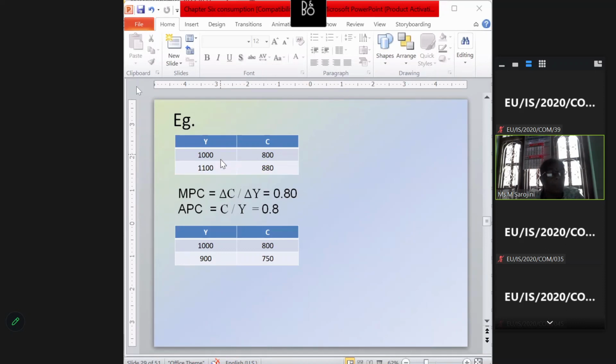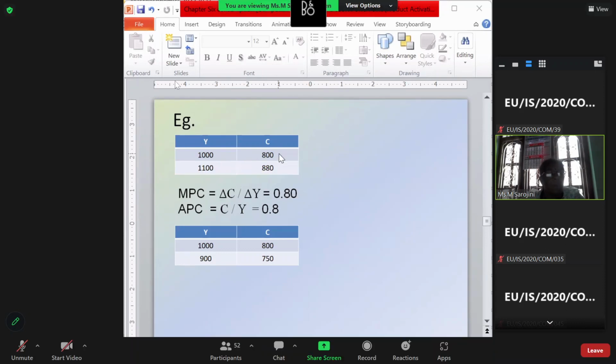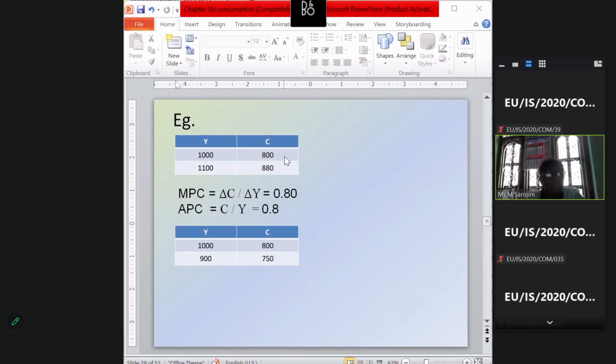Here income goes from 1,000 to 1,100 and consumption increases from 800 to 880. Here delta C is equal to 80 and delta Y is equal to 100. Once you divide delta C by delta Y, you get 0.80. Likewise APC: 800 divided by 1,000 is equal to 0.8.